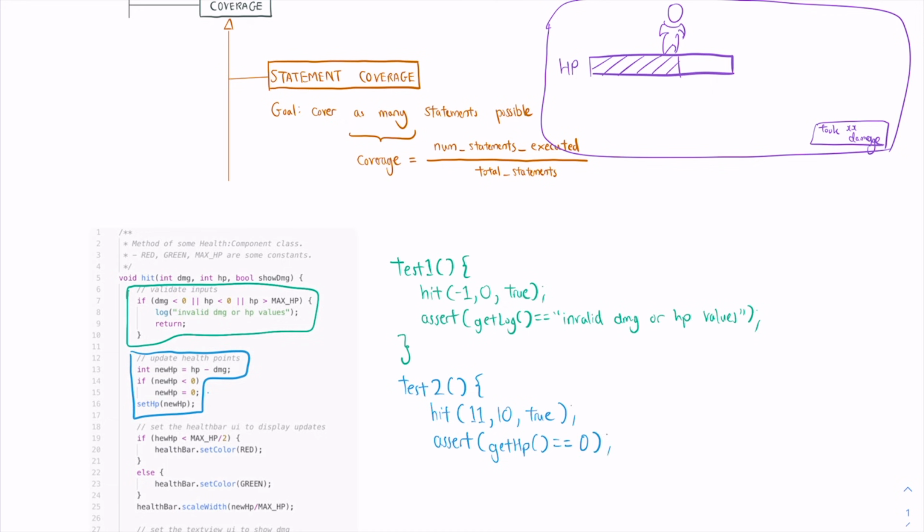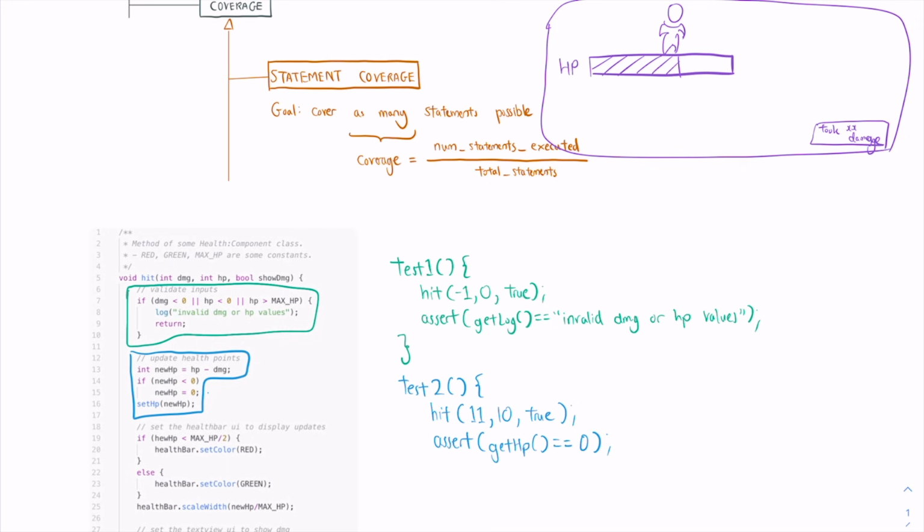This is because the damage is 11 and the HP is only 10, so if we subtract 11, we are going to subtract off the entire thing. And when it's less than 0, we would set it to 0. So therefore, we are expecting that this HP variable would be equal to 0. So this is why we are asserting this.